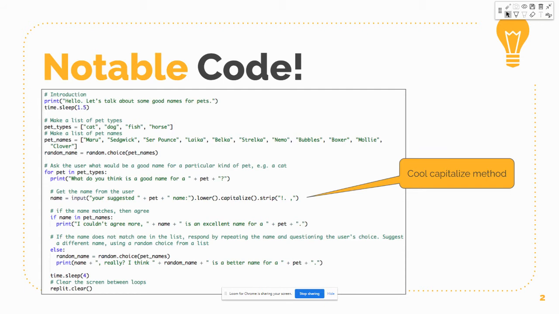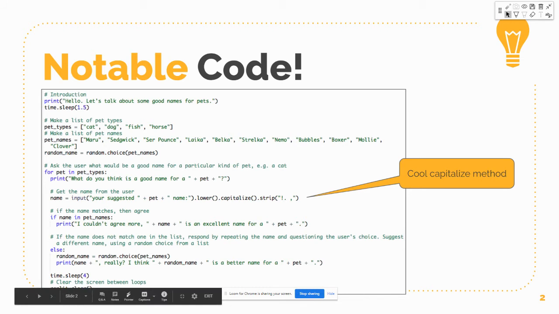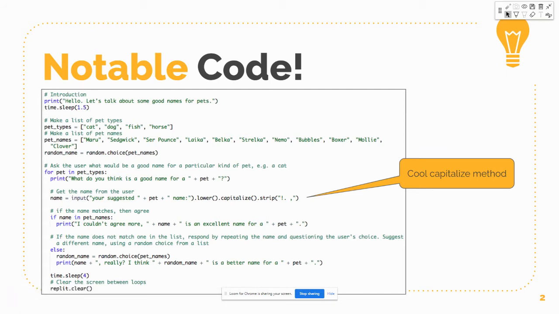We're looping through this one, but we're also accessing this list both to see if the name exists for the agreeing statement, or to pull from in a random way to give that other suggestion, trying to create the illusion that our robot's thinking.